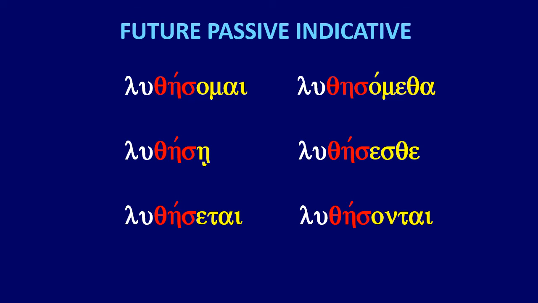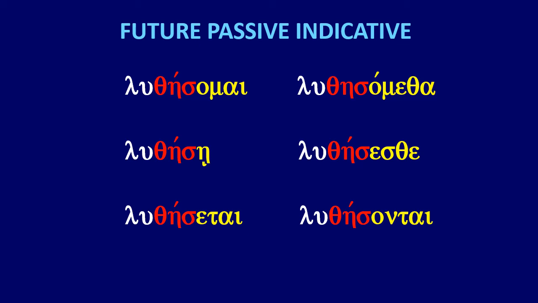The only thing to recognize is that center portion there, that after the stem, lu, you have the thes combination of letters, theta, eta, and sigma. The sigma, again, is a distinguishing feature, a tense sign for the future tense verbs. Remember, sigma was inserted, for example, with future active indicative, luso, luseis, luse, lusomen, etc., as well as with the future middle voice indicative mood verbs.